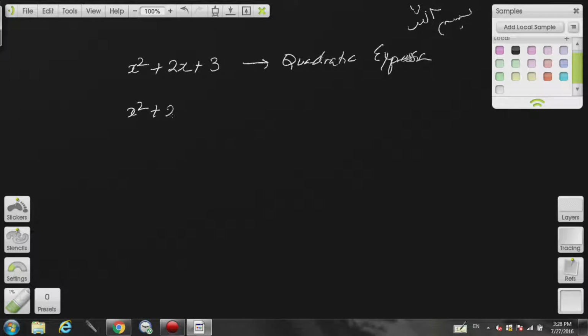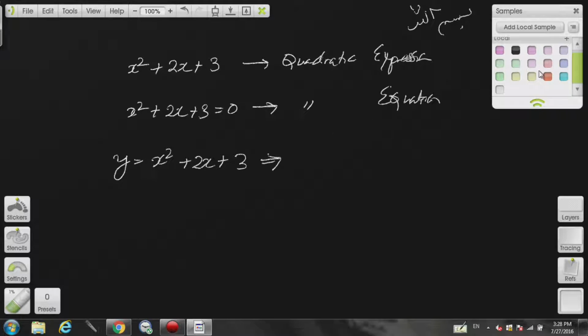X squared plus 2x plus 3 equals 0. This is a quadratic equation. And then y equals x squared plus 2x plus 3. Now this is a quadratic function.